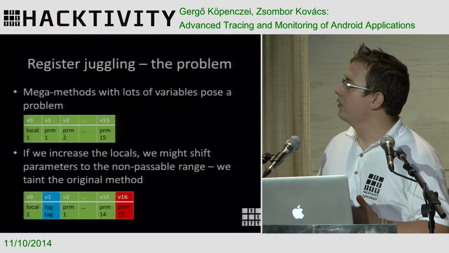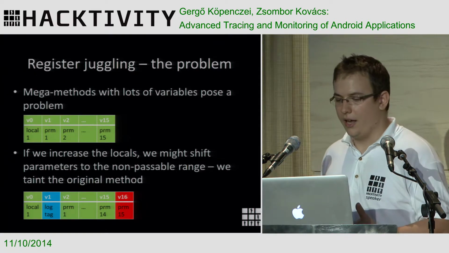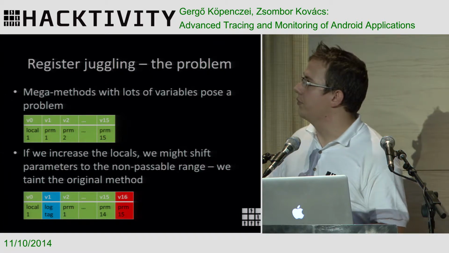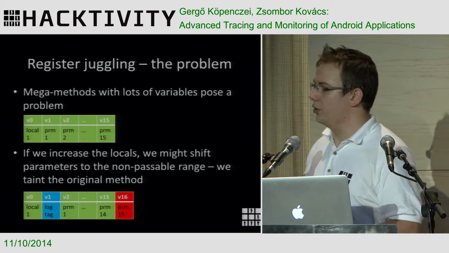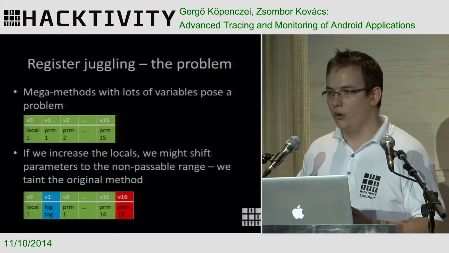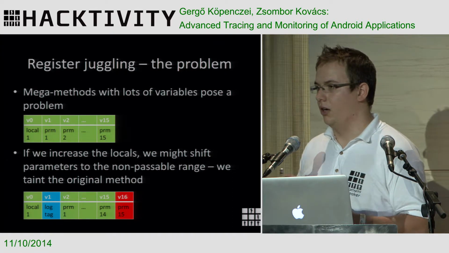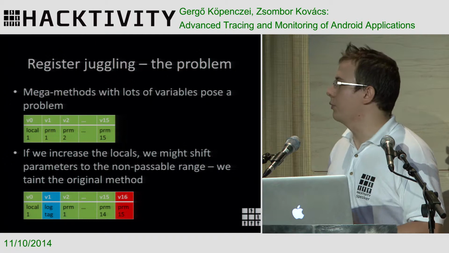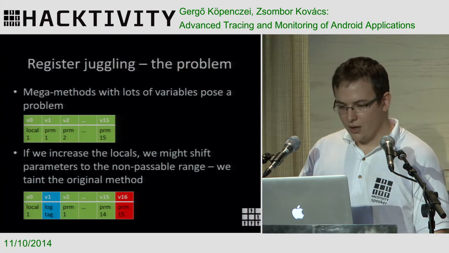In this example, there is only one local register in the beginning. And so parameter 15 is still in the green zone, but after we increase the locals, it's going to be shifted to v16. And that means that all the opcodes in the original method will be tainted by this shift because they can't work with that type of register.